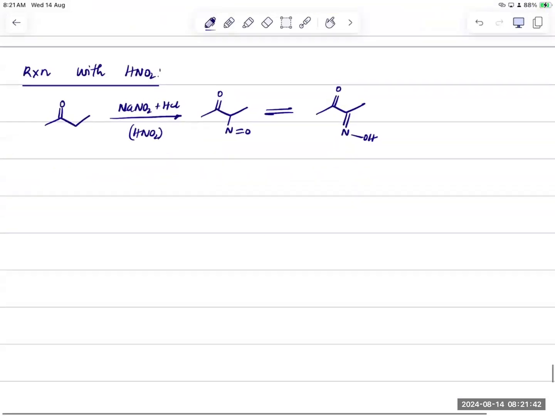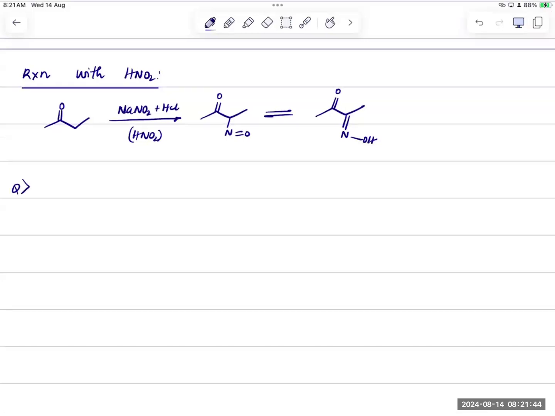I'll directly take you through an example that was asked in JEE once. So this was the example which was asked. I started with acetone and treated it with NaNO2 and HCl.